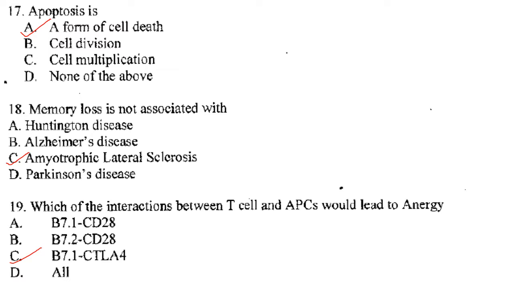A T cell recognition of an antigenic peptide MHC complex sometimes results in a state of non-responsiveness called clonal anergy. So in some cases the T cell which is bound to the antigenic peptide carried on an MHC complex doesn't initiate any immune response. It is in a state of non-responsiveness and it is called clonal anergy.